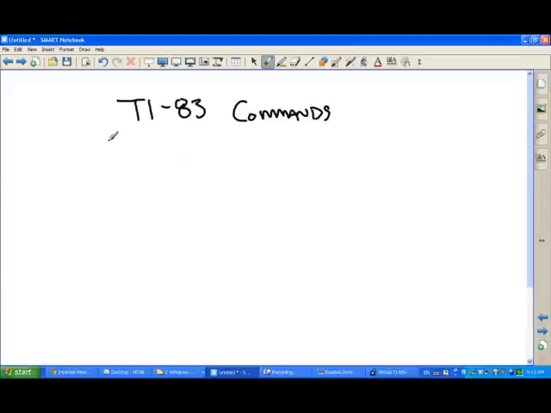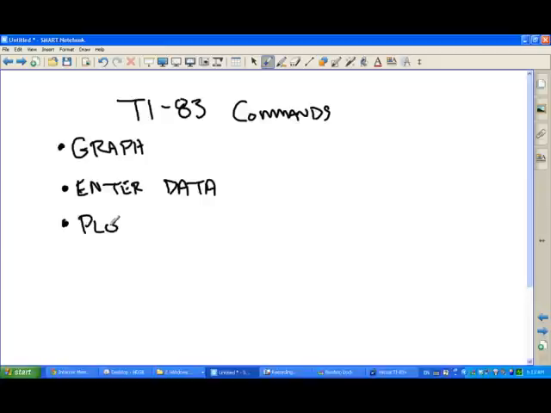So just to list off some of the commands that you need to know for Monday. You need to be able to graph functions. You need to be able to enter data into L1 and L2. You need to know how to turn your stat plots on.